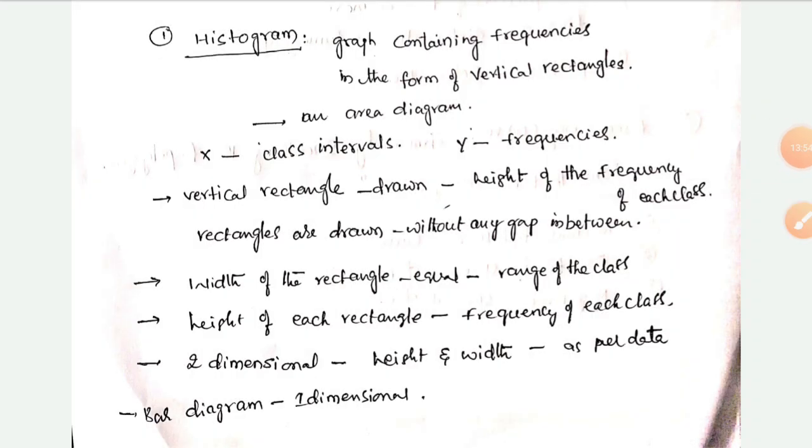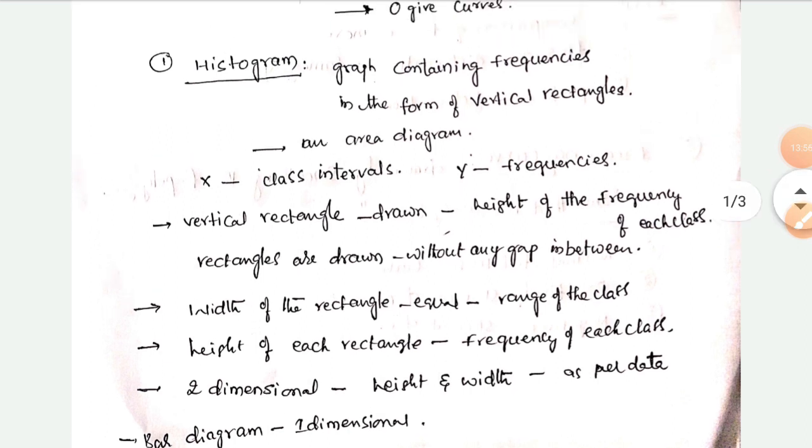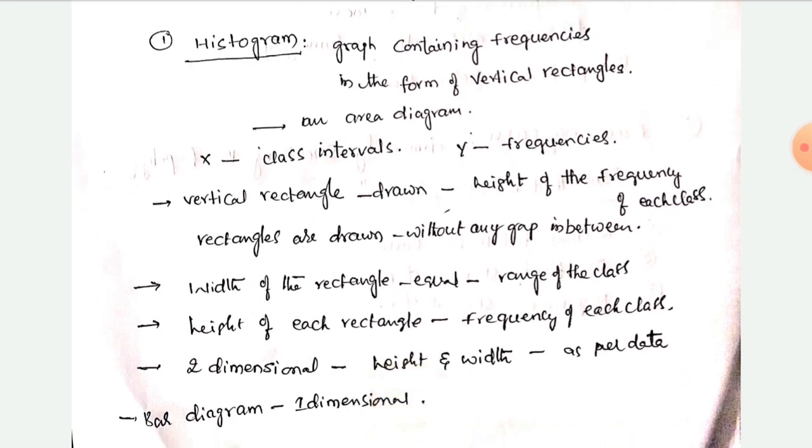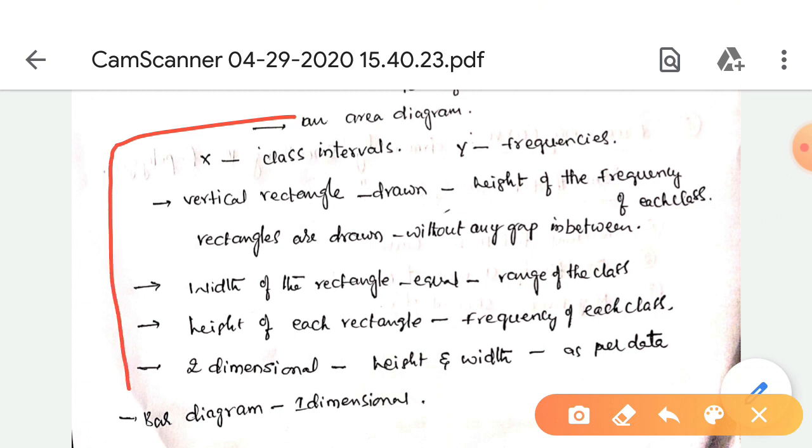Here these characters are all similar to the histogram, frequency curve and also frequency polygon. We draw vertical rectangles with the height of the frequency of each class, and the width of the rectangle is equal to the range of the class.